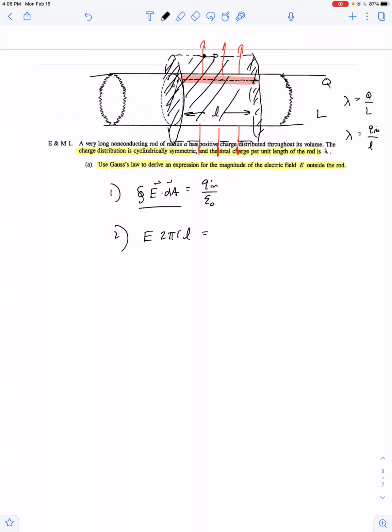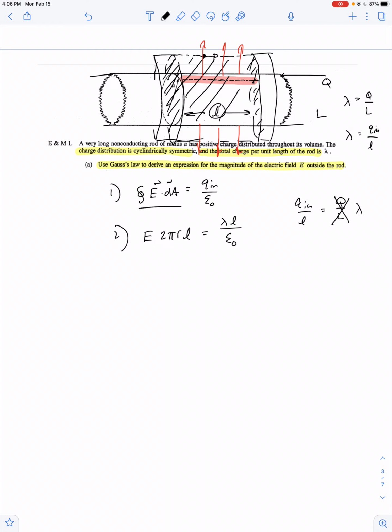Okay, and then the right side of the equation, Q in, well, because Q in over lowercase l is the same thing as Q over capital L, or if we want, we can just say Q in over L is lambda, then Q in is lambda times lowercase l. So if we had chosen just a slightly longer Gaussian surface, that would still work.